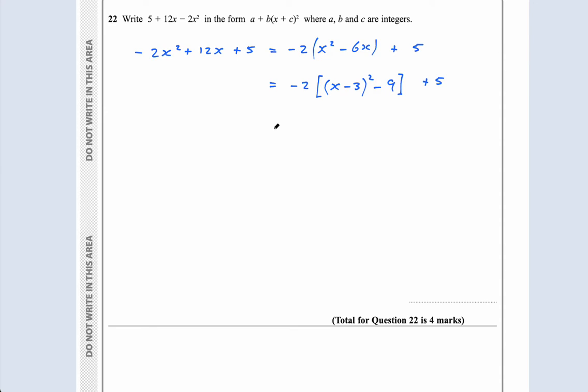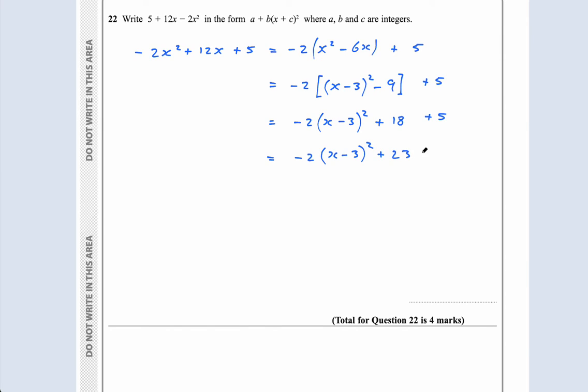Okay, now I'm going to expand this out. So I get minus 2 times x minus 3 squared. Minus 2 times minus 9 is plus 18, and the plus 5 is still there, which gives me 18 plus 5 is 23, so minus 2 times x minus 3 squared plus 23.